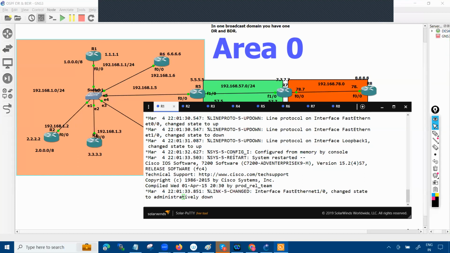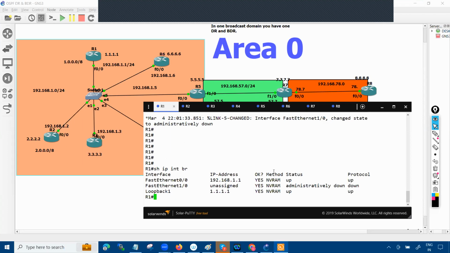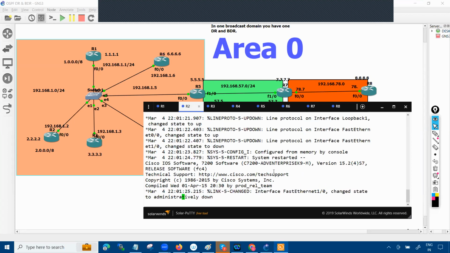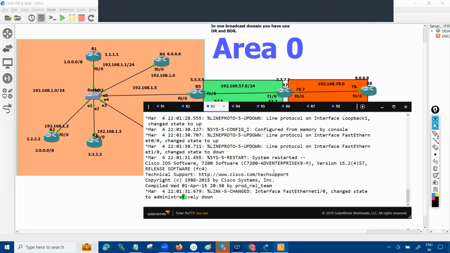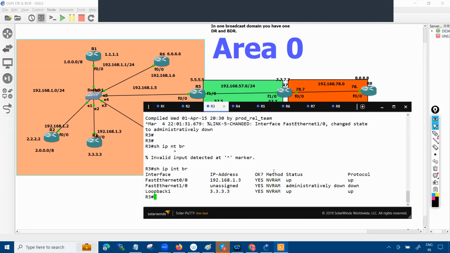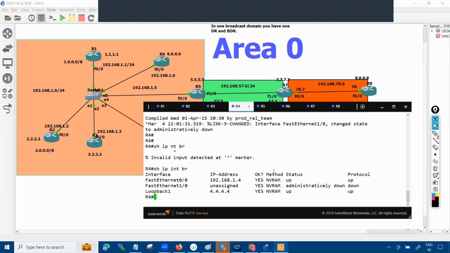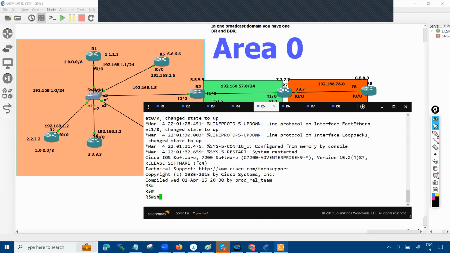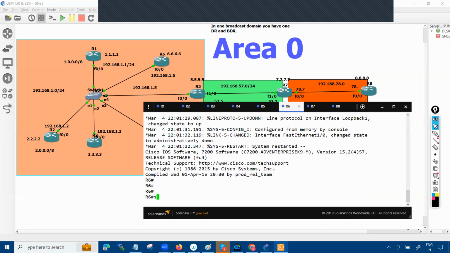Let me see whether the IPs are there or not, first of all. I have an IP, perfect, router 3. I have an IP on router 2 as well, router 3. I have an IP on router 3 as well, R4. I have the R4 IP as well, R5. Perfect, and R6 as well.